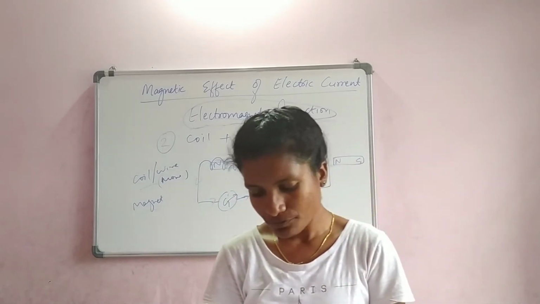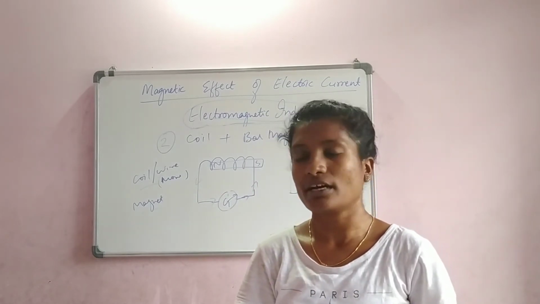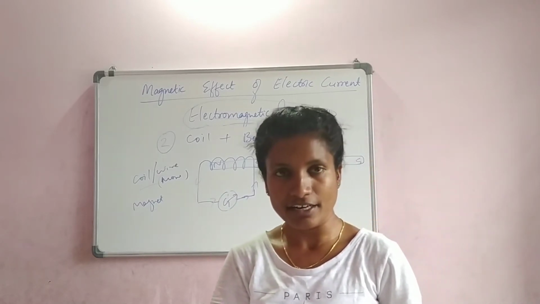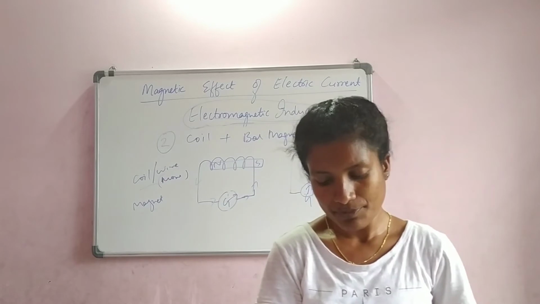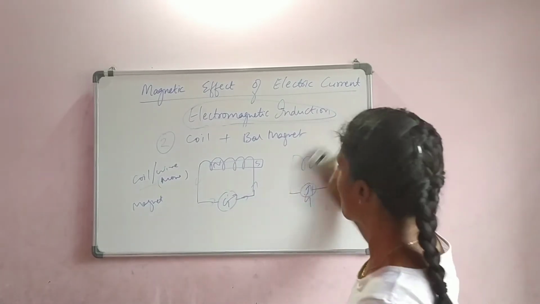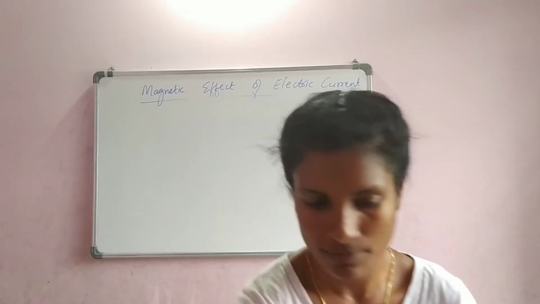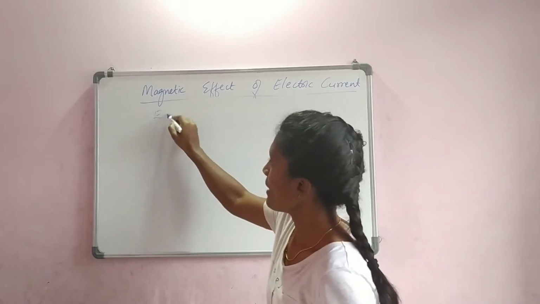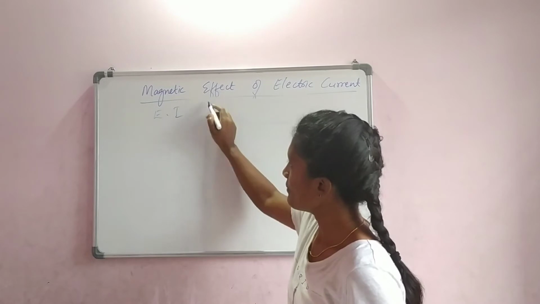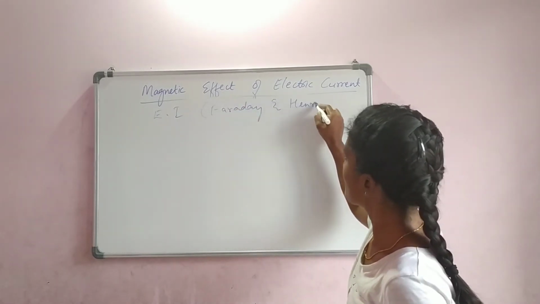Then further, these two experiments were conducted, and many observations were made by scientists like Michael Faraday and Henry. These two people have given the following observations. Let me write down the observations. Electromagnetic induction was conducted by the scientists called Faraday and Henry.